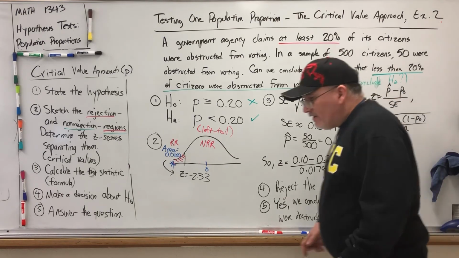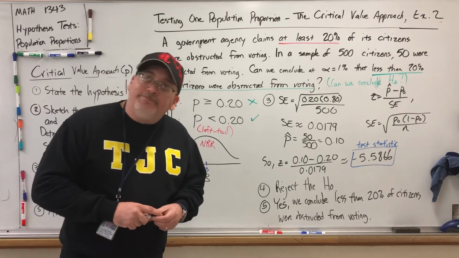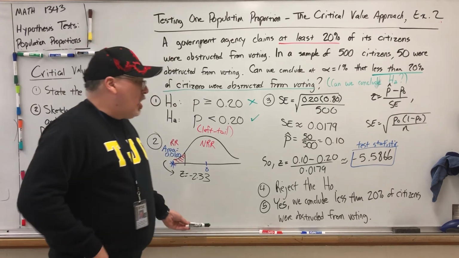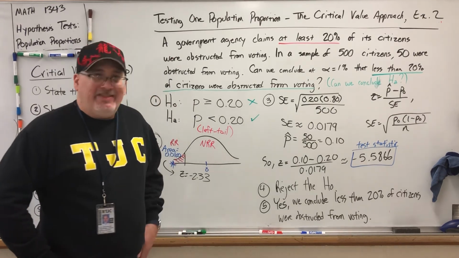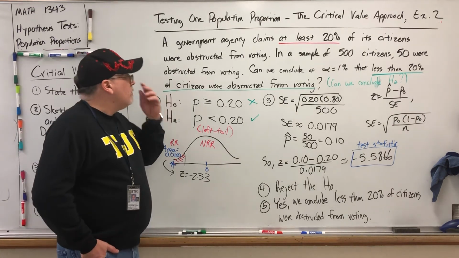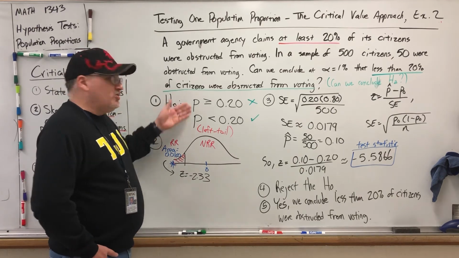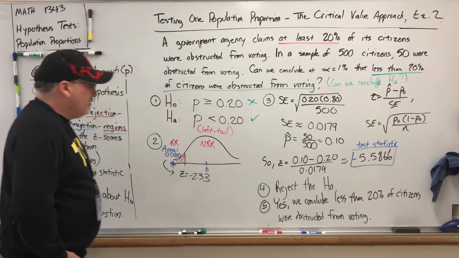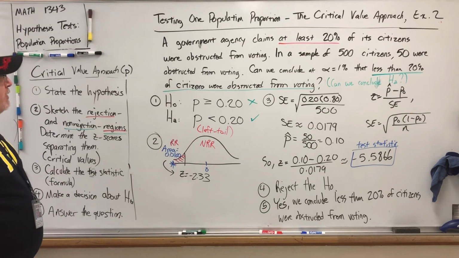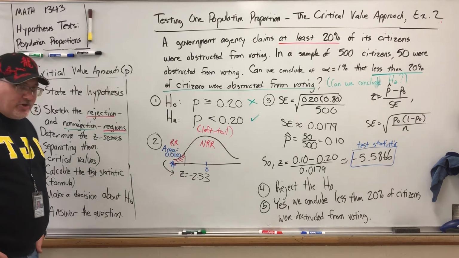Does that mean less than 20% of citizens were obstructed from voting? No. It simply means our evidence supports that. Does it mean at least 20% weren't obstructed from voting? No. Our evidence merely doesn't support that. All right, so testing one population proportion using the critical value approach is very straightforward and predictable.